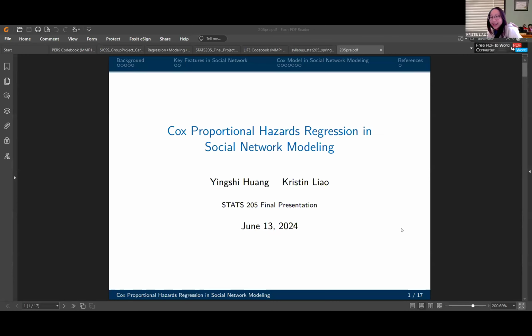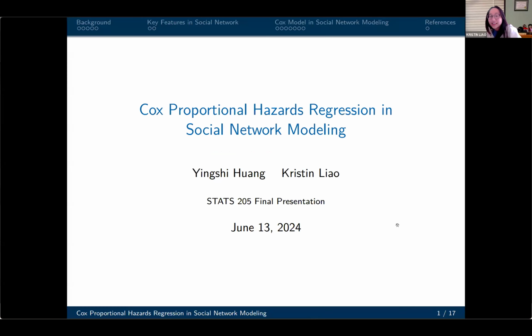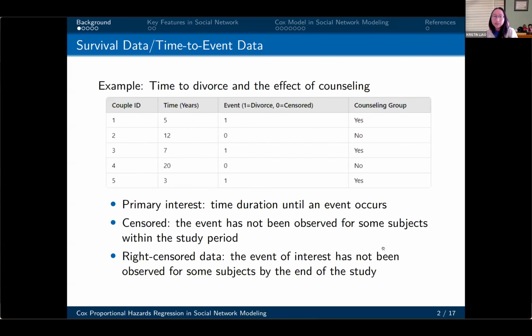Okay, hello everyone. Our topic is actually very similar to what the previous group presented, but we focus more on the Cox model part, and we want to present its application in social network modeling. As the previous group just covered, survival analysis is used to work with survival data or time-to-event data. Here is an example of survival data that describes time to divorce among a group of married couples.